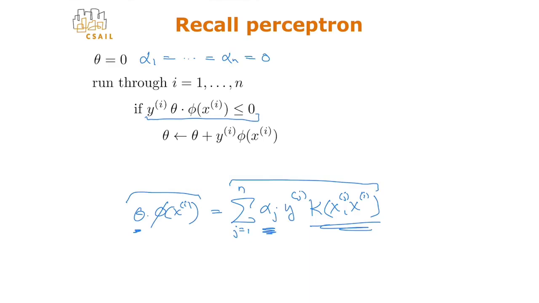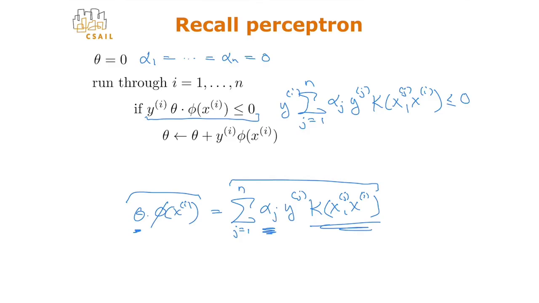So we ask whether the ith label times this sum now over the training examples, how many times so far we've made a mistake on the jth example, its label times the kernel evaluated between the jth and ith training examples, is now 0 or negative.